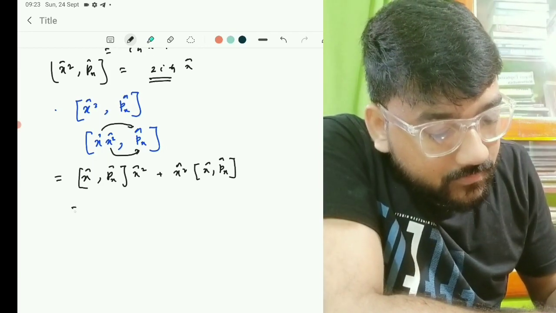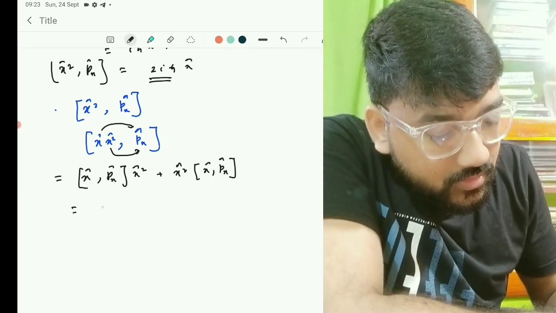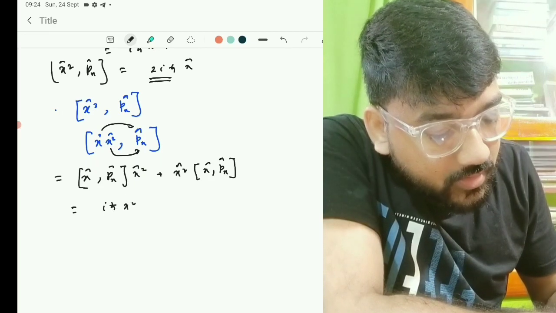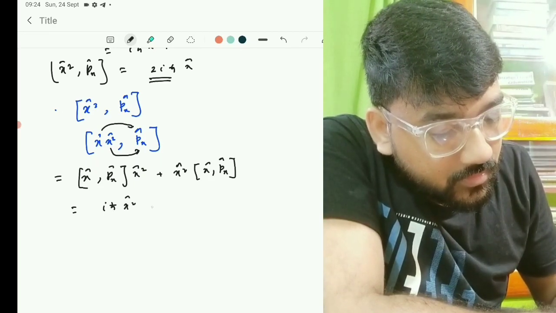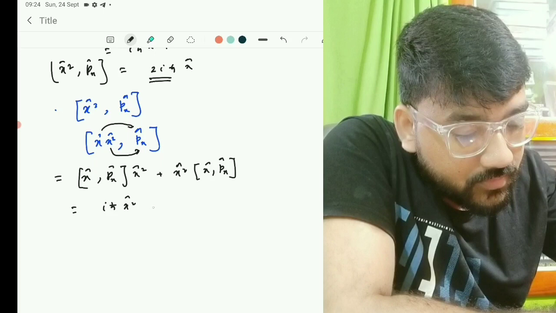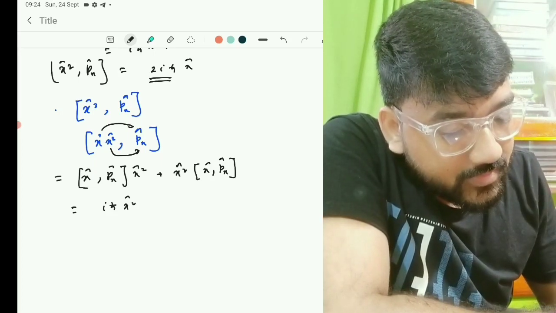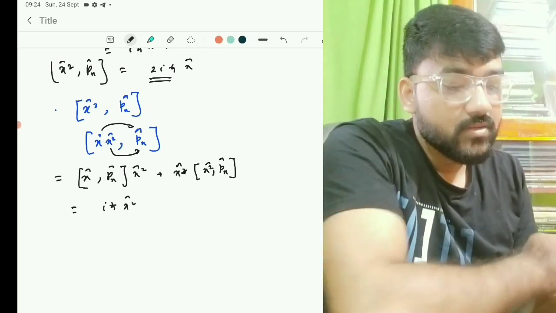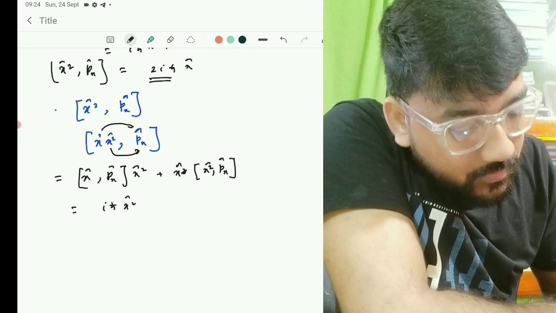Now this is what actually is the x with px, means this is iℏ cross x square, something like x cap, sorry, when x square with px, then x will be outside, so it will be x square with px.